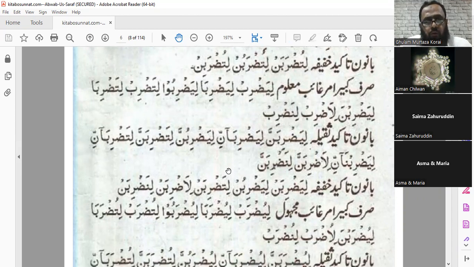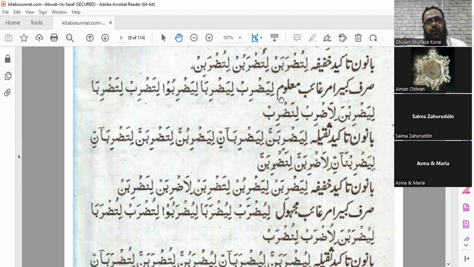Okay. So now we are going to do Amar Ghaib Ma'lum, and Mutakallim Ma'lum. In ghaib, we have 3 sigas for mudhakkar ghaib and 3 sigas for muannath ghaib, and 2 sigas of mutakallim are added.